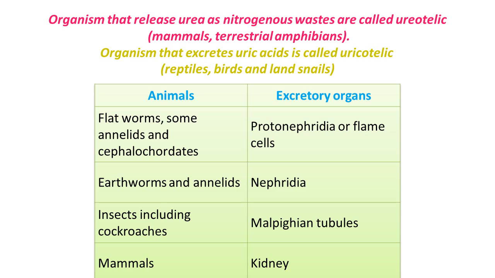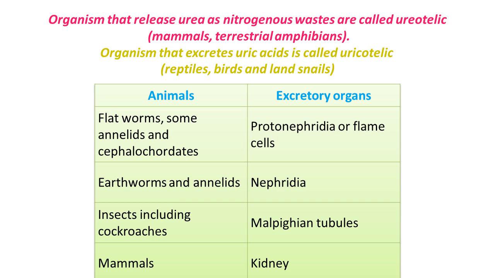Nephridia are the tubular excretory structures of earthworms and other annelids. Nephridia help to remove nitrogenous waste and maintain fluid and ionic balance in the body of animals. Malpighian tubules are the excretory structures of most insects, including cockroaches. Malpighian tubules help in the removal of nitrogenous waste and osmoregulation.